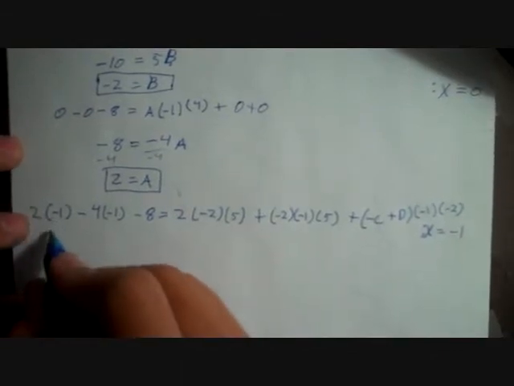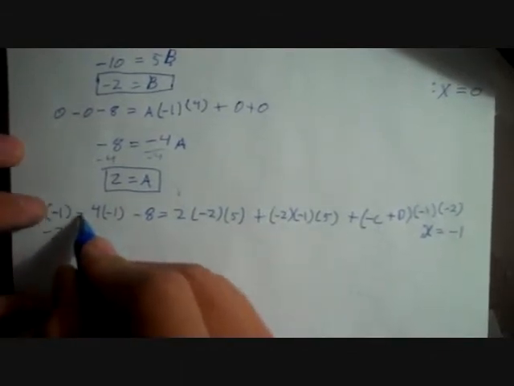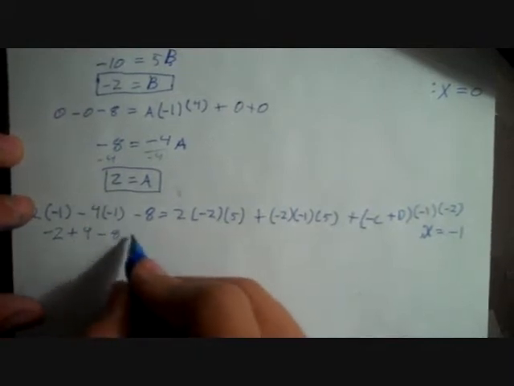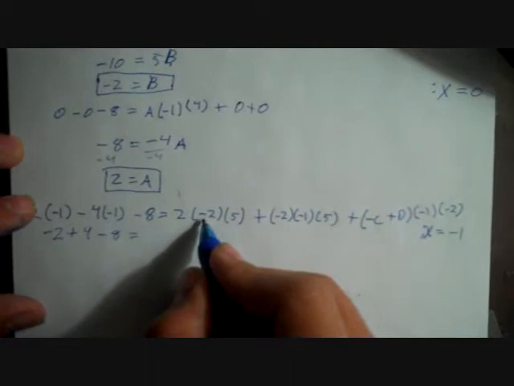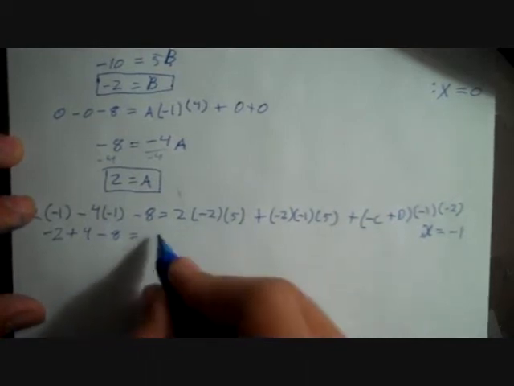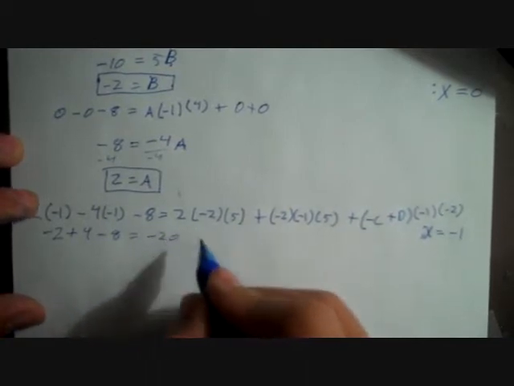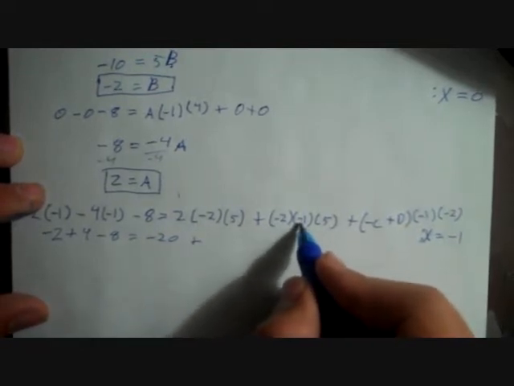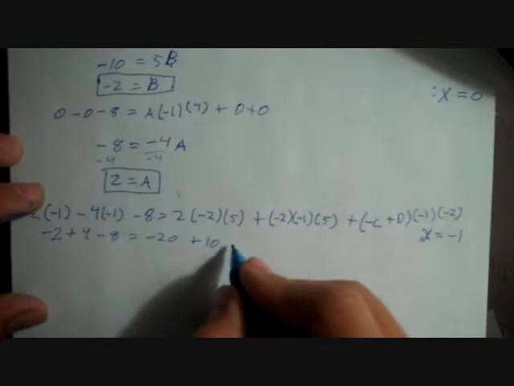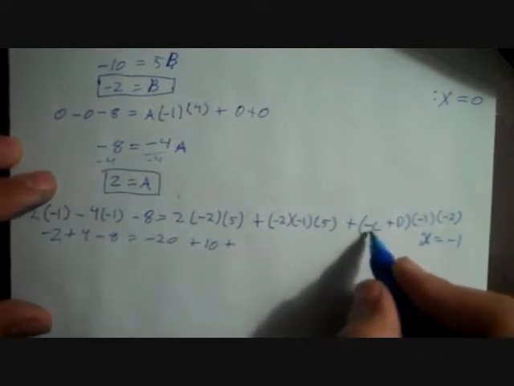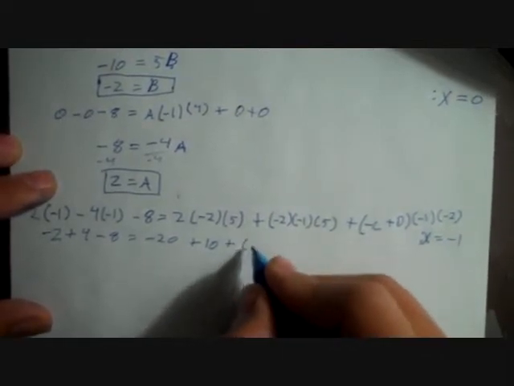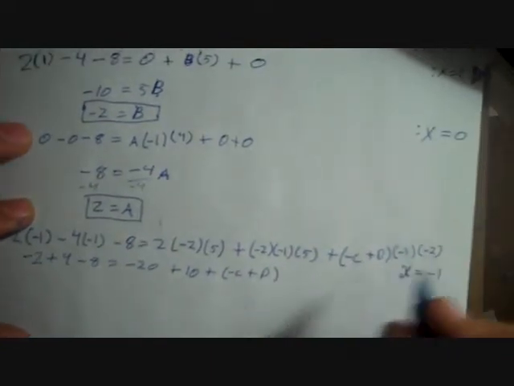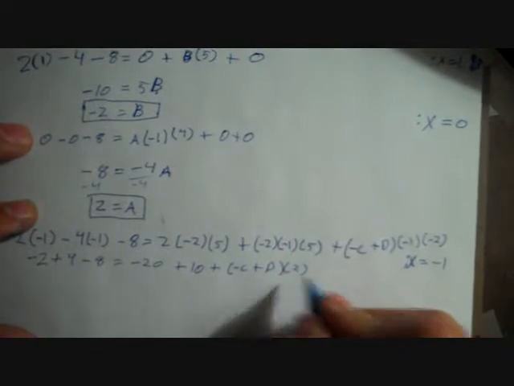So let's try, this is kind of a long string, but it's pretty basic. So 2 times -1, that's -2. -4 times -1, that's +4. Minus 8 equals 2 times -2 is -4, times 5 is -20, plus -2 times -1 is 2, times 5 is 10, plus -c plus d, times -1 times -2, so that's all times 2.